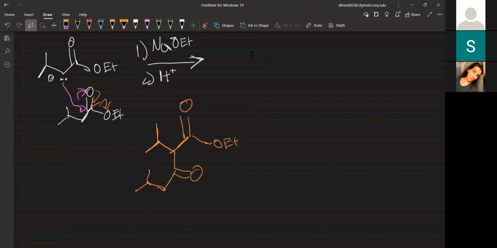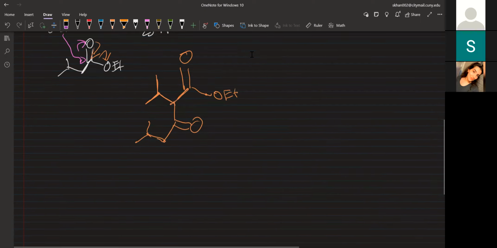Okay, sorry about that. Zoom share. Hopefully this should be a little bit better here. Okay, so who has the orange arrows? The orange arrows is basically, after the pink step, we form this. If I erase a little bit of this here, this will be a little easier to see.